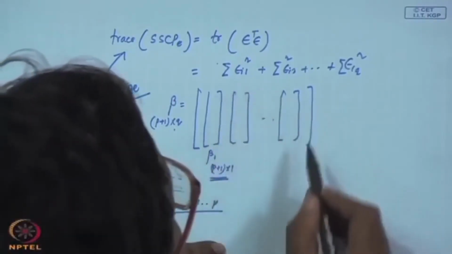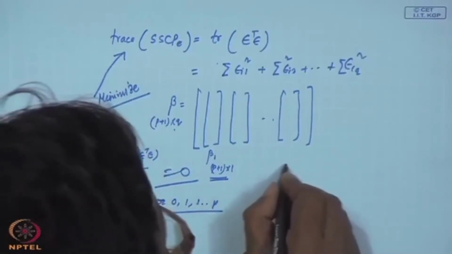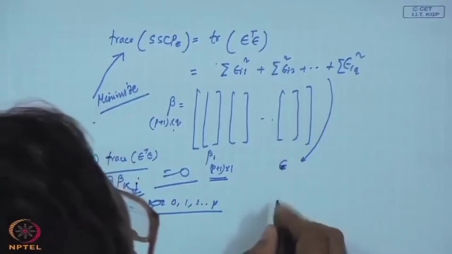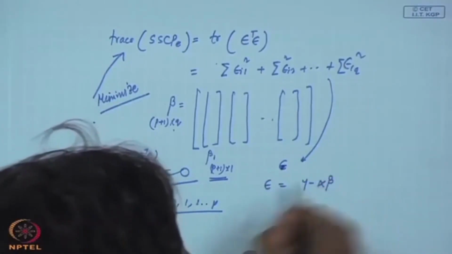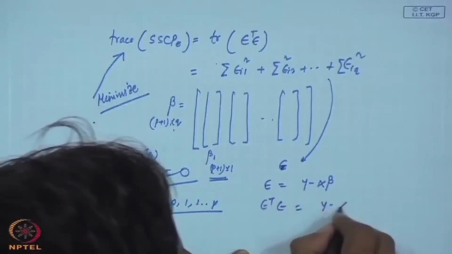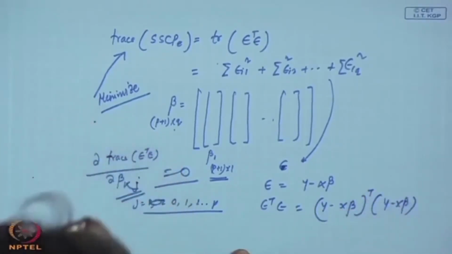So actually what will happen, you can write like this, epsilon is y minus x beta. So epsilon transpose epsilon is y minus x beta transpose into y minus x beta.